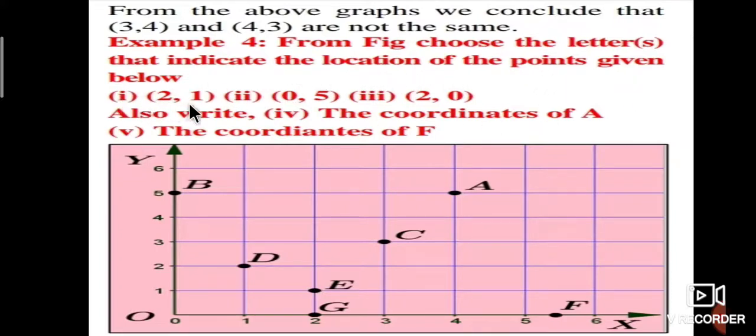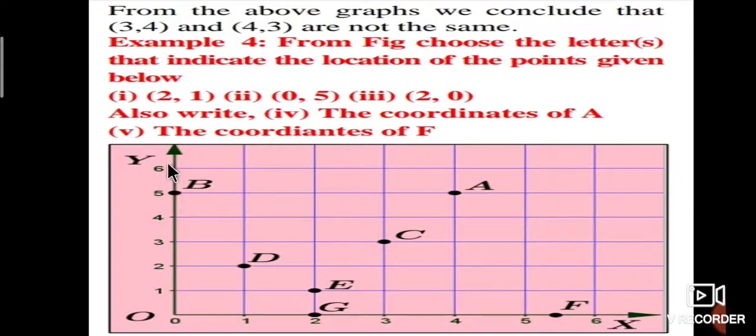First one is 2 comma 1, second one is 0 comma 5, third one is 2 comma 0. Also write the coordinates of A and the coordinates of P.